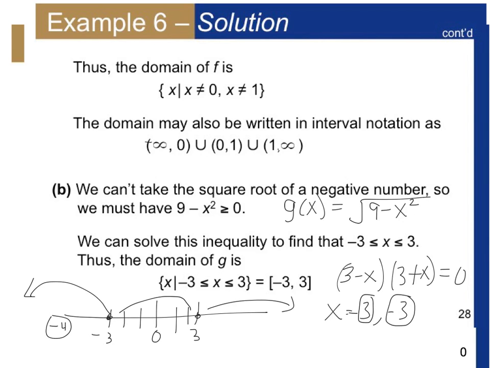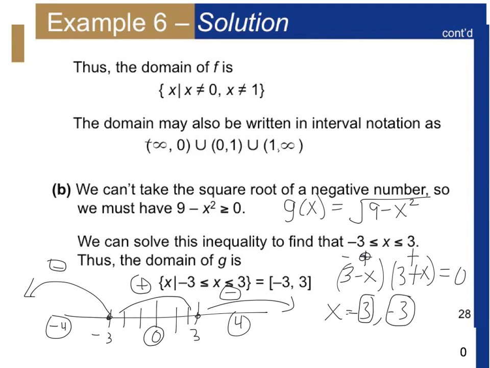Minus 4, 3 minus minus 4 is positive, and 3 plus minus 4 is negative. So this is going to be negative here. If we try 0 there, 3 minus 0 is positive, and 3 plus 0 is positive. So this is a positive interval. And then if we try 4 here, 3 minus 4 is negative, and then 3 plus 4 is positive. So negative times a positive is a negative.